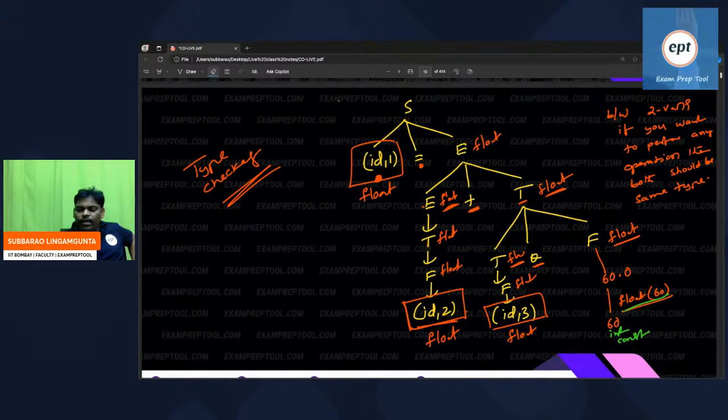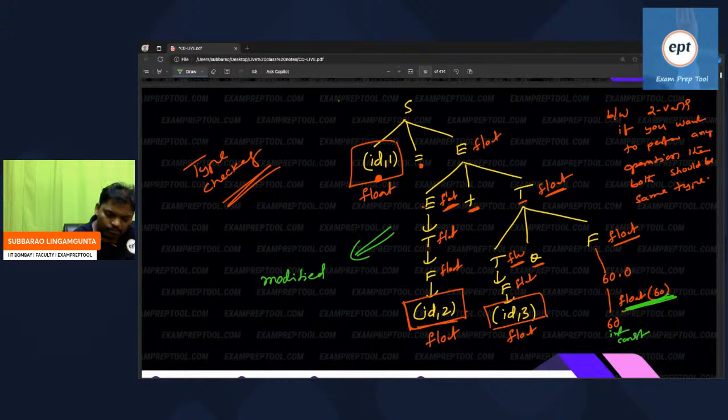See, somewhere little changes are there. Somewhere some changes are there, a little bit, which is also called a modified syntax tree. Yeah, he will verify whether semantics are correct or not.